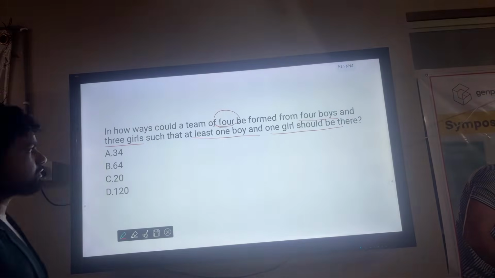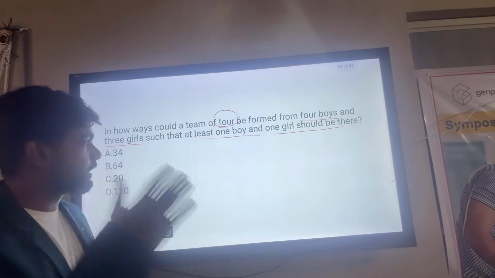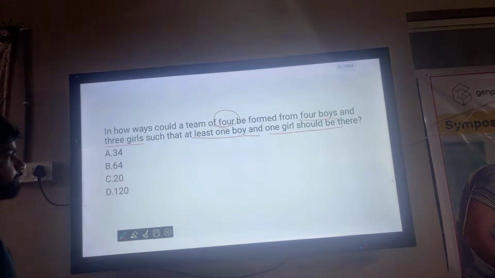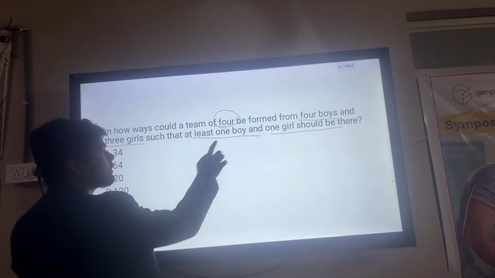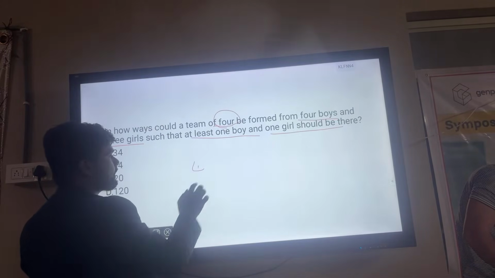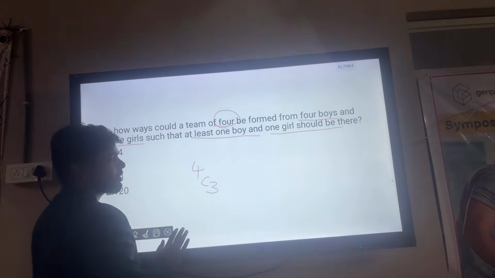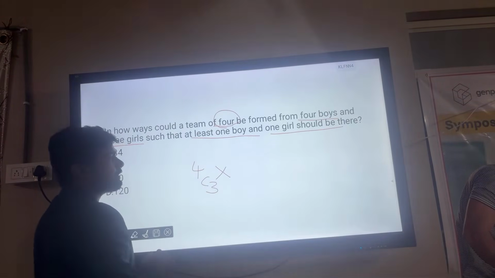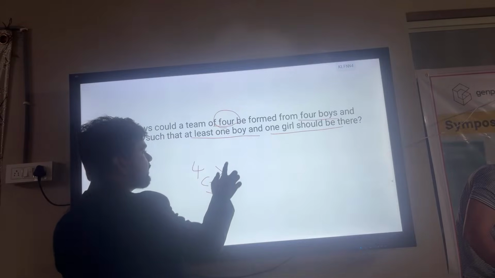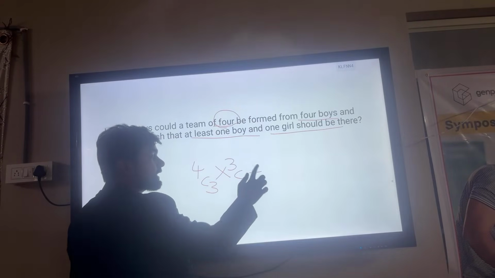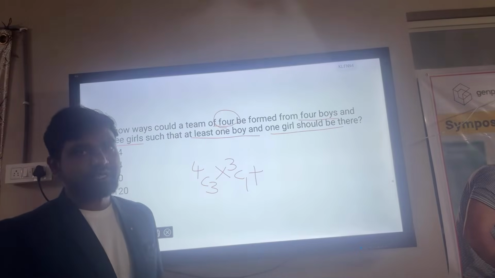The condition is at least 1 boy, 1 girl. Look here. Totally how many boys are there? 4 boys are there. Out of 4 boys, I am selecting 3 boys, and out of 3 girls, I will select 1 girl, because at least 1 girl and 1 boy should be there.